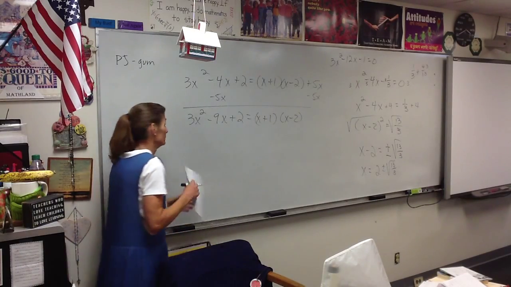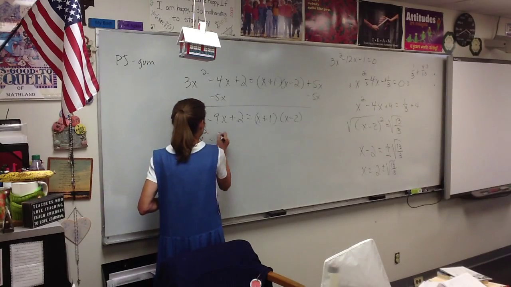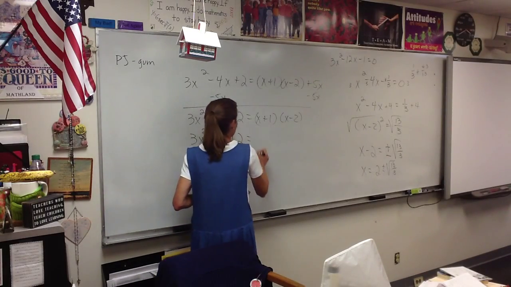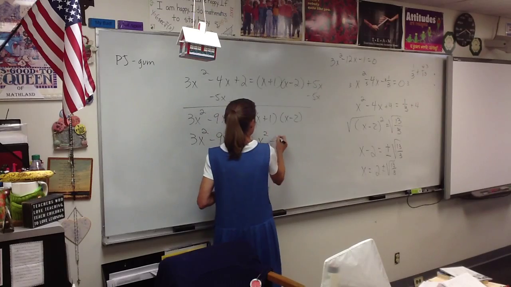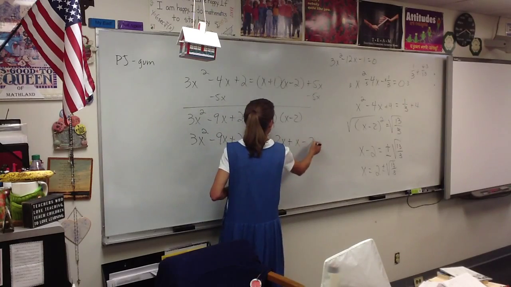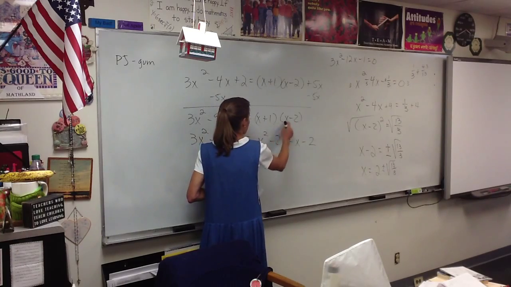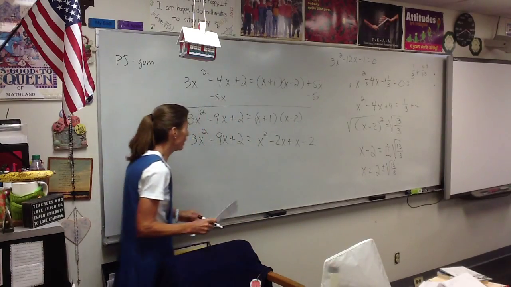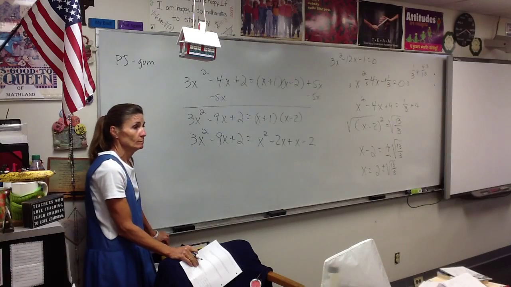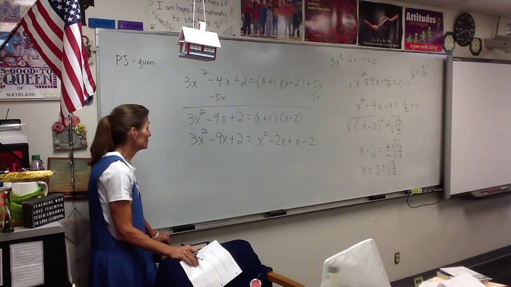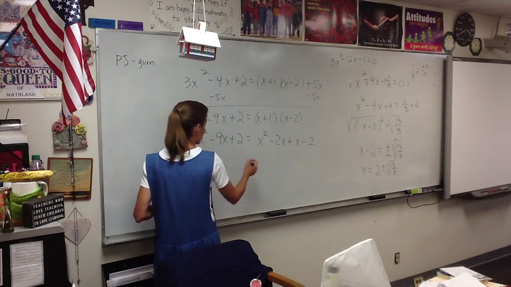Now we'll FOIL. And FOIL stands for first, outside, inside, last. So first, outside, inside, last. Perfect. Now what? Combine like terms right here.